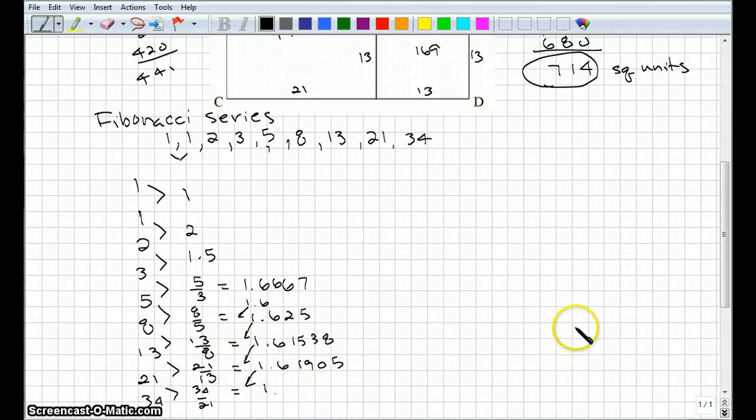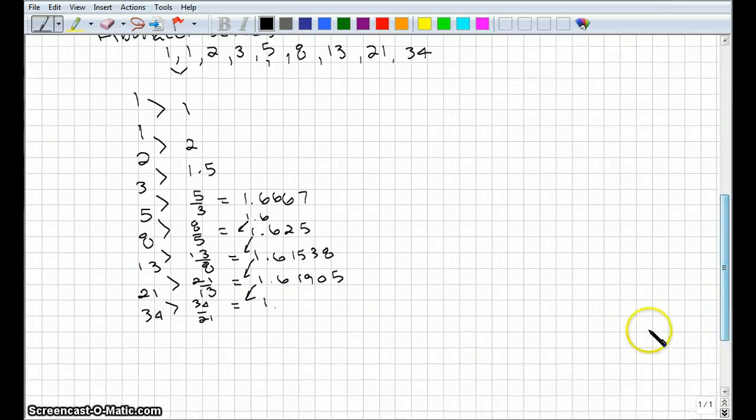But the thing I wanted to show you is that if you were to keep going with the Fibonacci series and take ratios of adjacent numbers, you approach a number that doesn't look all that special if you put it in decimals. 1.618034. But this is actually just an approximation, it actually has a lot more digits.